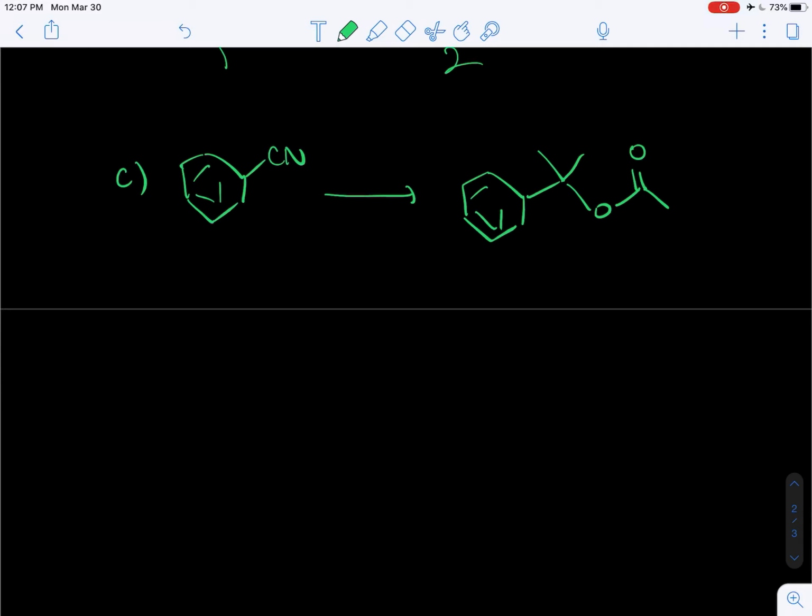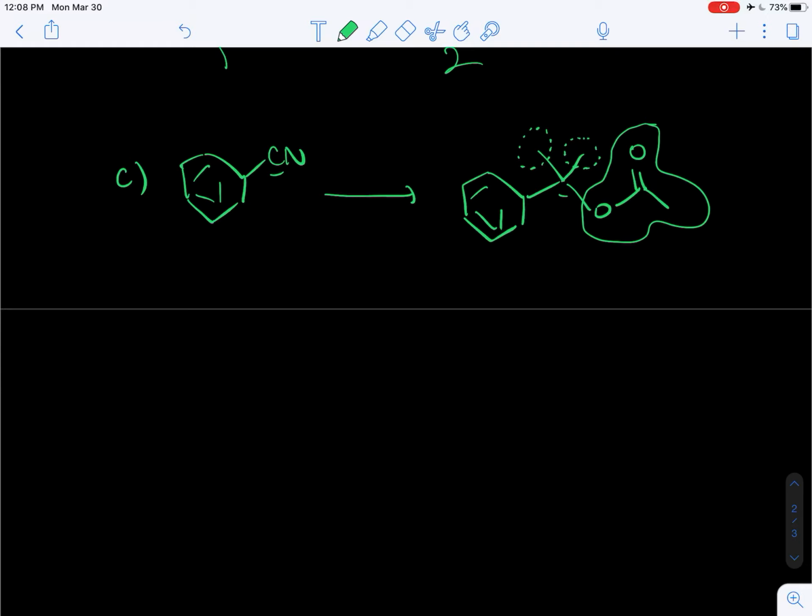So this carbon is presumably that carbon. And so we're adding two new things to this. Okay. And we need to acylate or get this ester on there. Okay. So what you can do here is how are we going to get two R groups?